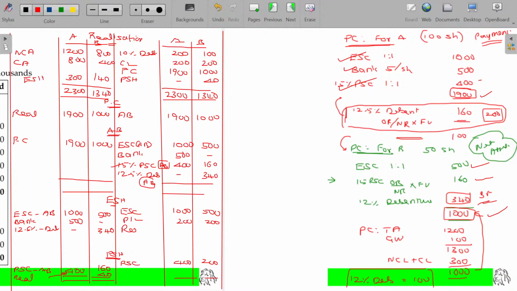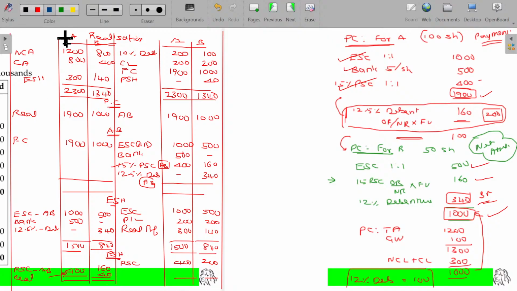Here, realization account profit: for A, 300, for B, 140. So finally, if I tally this, it will be automatically tallied: 1500, 1500. Here being 840, 840.